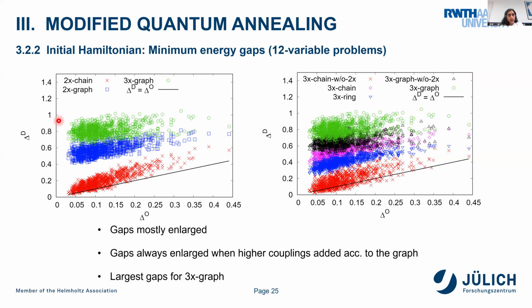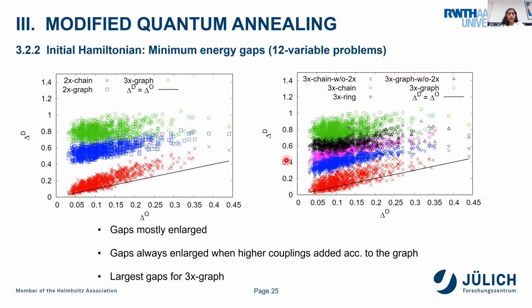If we just talk about the effects of having these higher order couplings on the minimum energy gaps as compared to the minimum energy gaps from the standard quantum annealing Hamiltonian, we see that with the addition of these higher order couplings, the resulting minimum energy gaps are mostly enlarged.